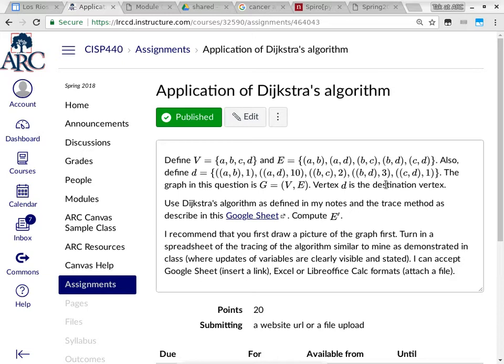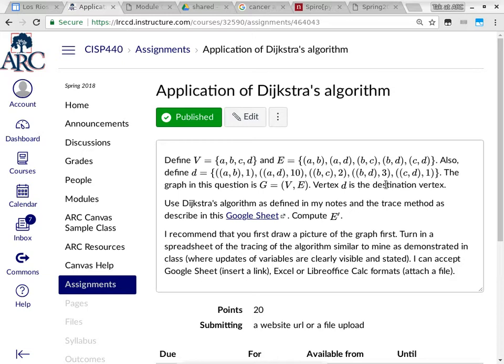I do not need a picture of the graph, just the trace, the same way that I did in class. I know some of you are taking 430, and the way the algorithm works there is a little bit different. You just have to do it the same way that I did in this class, so it's specific to this class. If I understand correctly, the algorithm used in 430 has to designate a start vertex and a destination vertex.